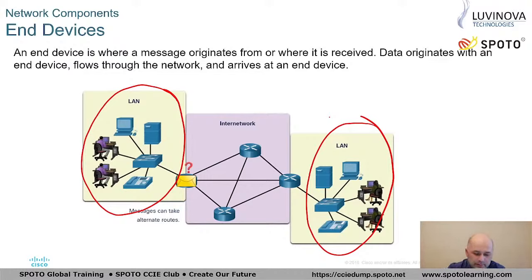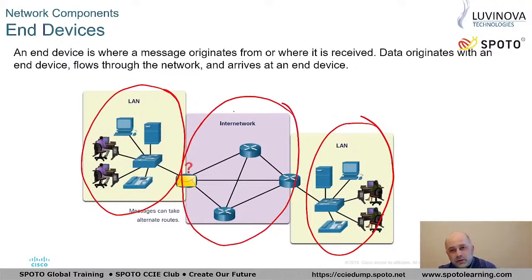As you can see here, we have a LAN, we have another LAN, and between the LANs we have the internet. So this is your internet or the network itself. This internetwork allows all end devices to communicate with each other. So if one end device sends a message to this end device, it will go through the internet.